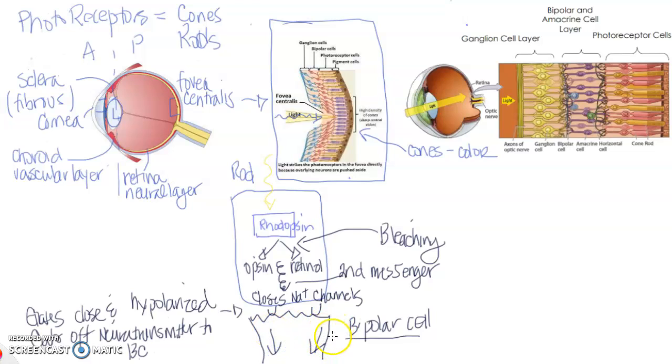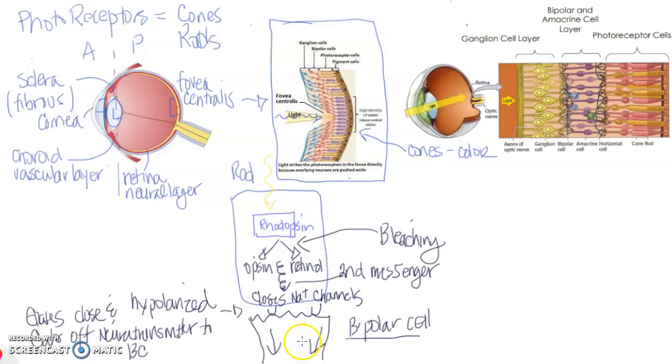So it fires the bipolar cell. Normally, again, when these channels are open and leaky, it puts a bunch of neurotransmitter there and nothing happens. So once the bleaching occurs and the rhodopsin separates into opsin and retinol, that closes the sodium channels, and the bipolar cell gets cut off its neurotransmitter and it will fire.